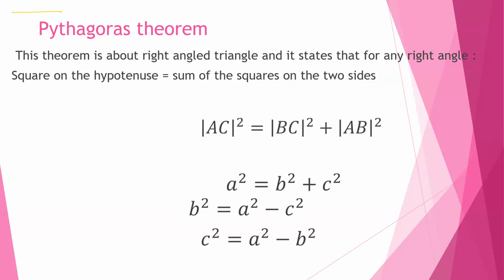Okay, it's the same thing. But I said if A comes here after equal, so B must shift. B squared must shift. So it will be C squared equal to A squared minus B squared, right? That's what I wanted to know. Yes, sometimes C squared is equal to A squared minus B squared.